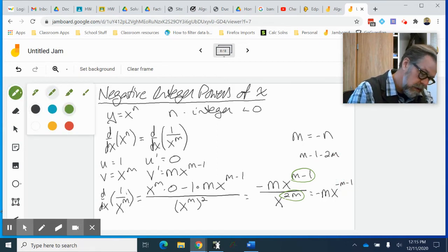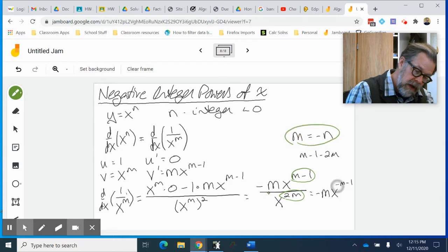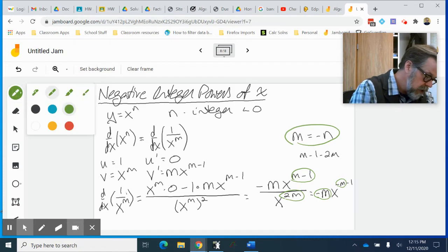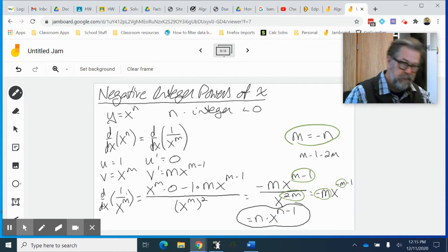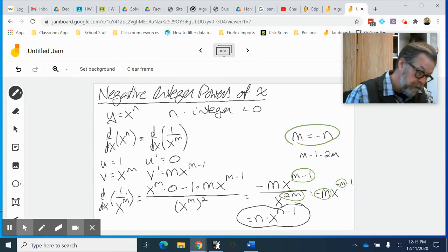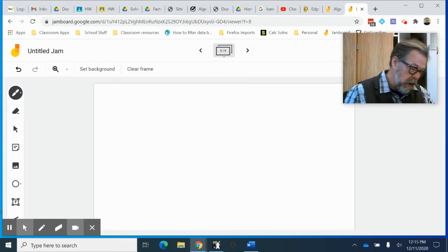But one thing I might notice is m and negative n are the same thing. So this equals n x to the n minus 1. It works exactly the same. So this comes in a little bit useful.